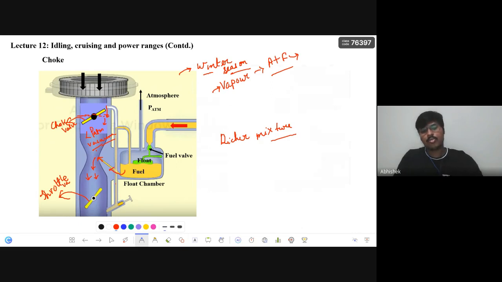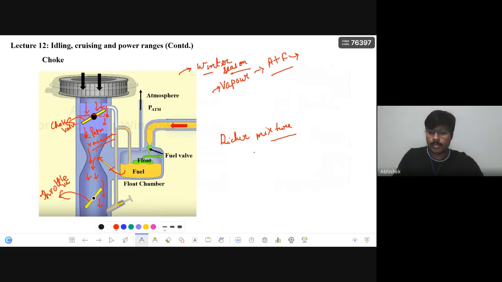The throttle valve is generally used to get high power. If the throttle valve is fully open, then what will happen? Air will flow at maximum. There is no restriction, so more air will get inside here. The velocity will be higher, the pressure drop will be higher, so more fuel will come, and we'll get more power.